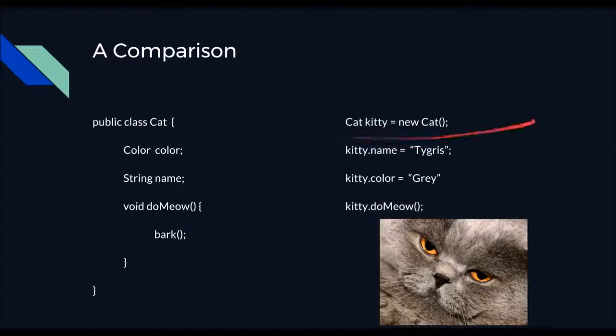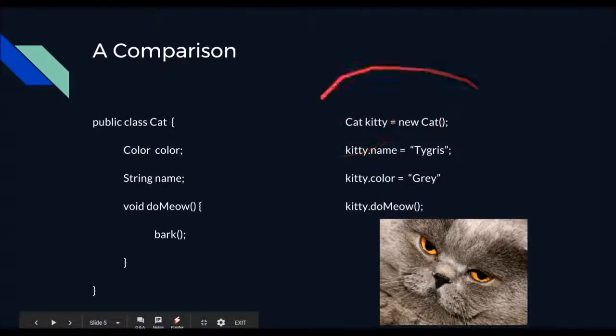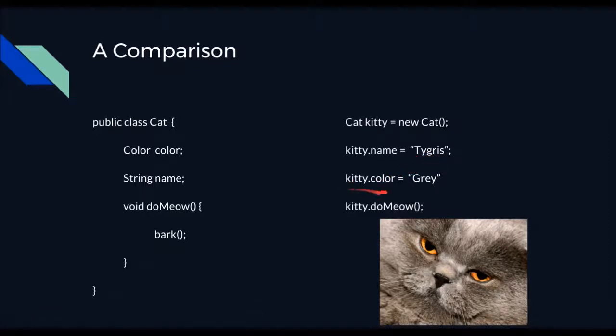For example, once I've created this, I can say kitty.name, and I can take the name that's inside of this cat object and set it to be something. I can give it a name, in this case Tigress. I can set a color. I can make it do things specifically as that object.